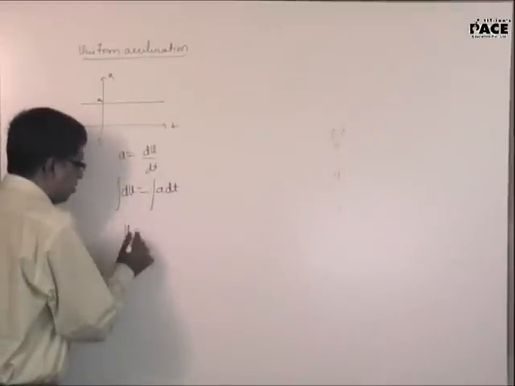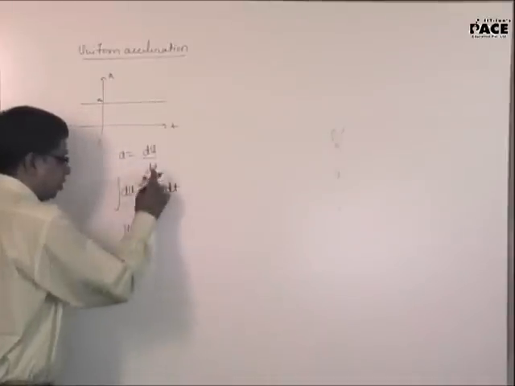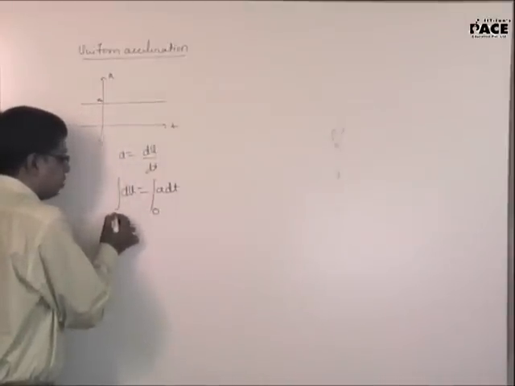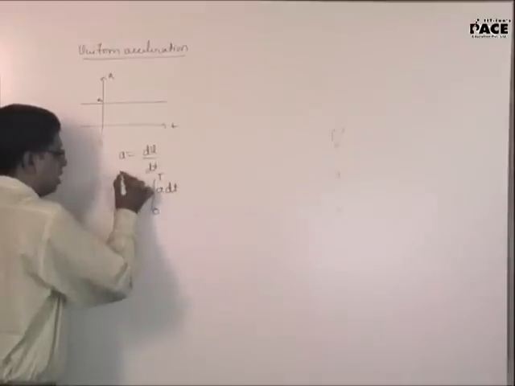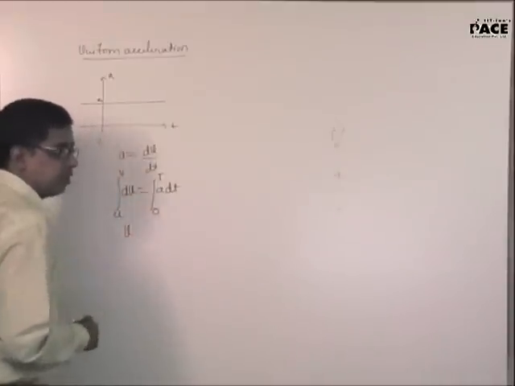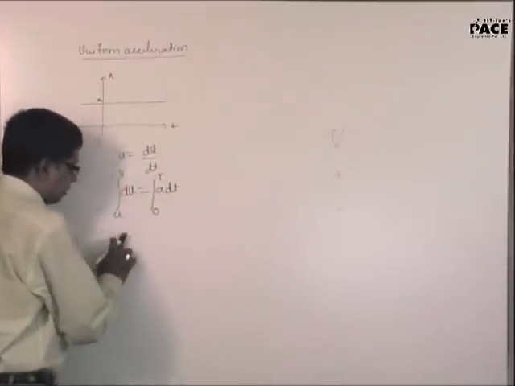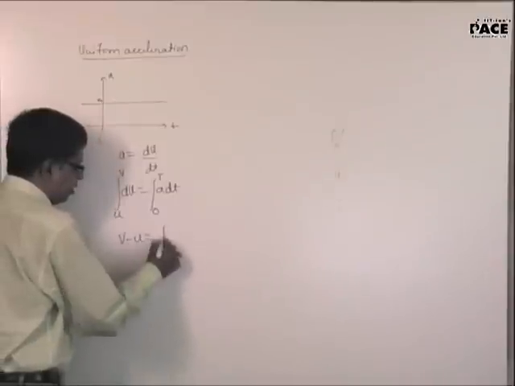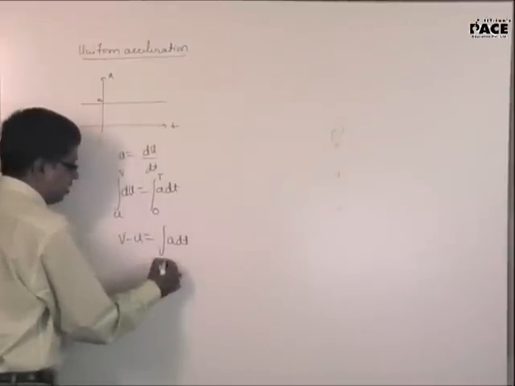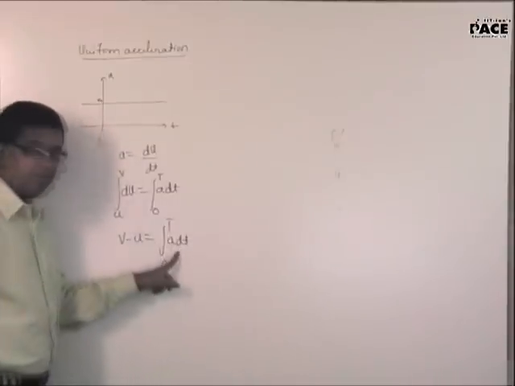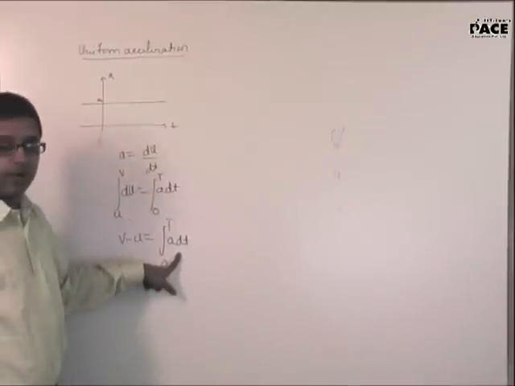That means v is equal to the integration: at time t equal to 0, I get the velocity as u, and at time t equal to t, I get the velocity as v. So v minus u is equal to the integral of a dt from 0 to t.